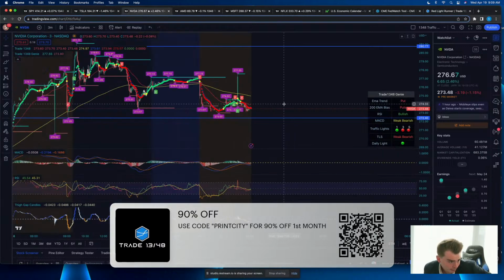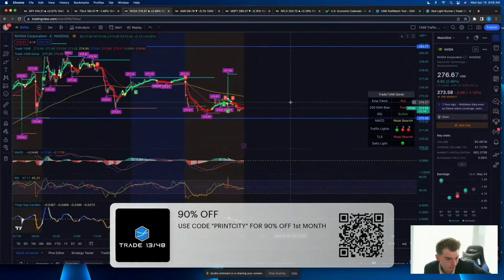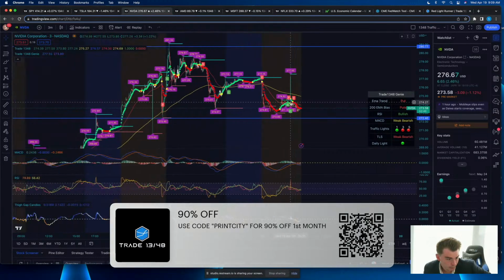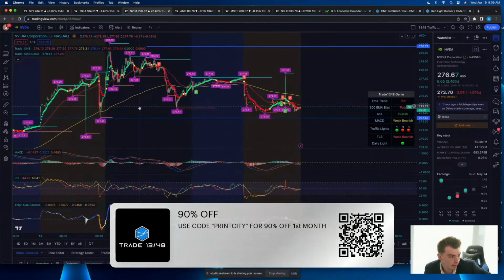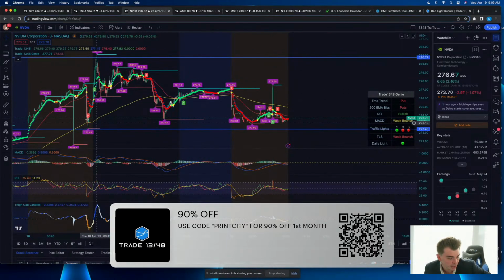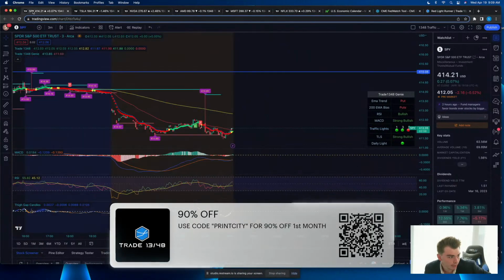So we'll see. That's kind of what it did yesterday. Yesterday, it just flashed down to there. This was Microsoft news coming in, and then it just ripped in the pre-market.